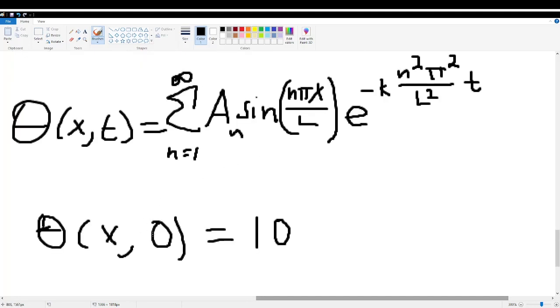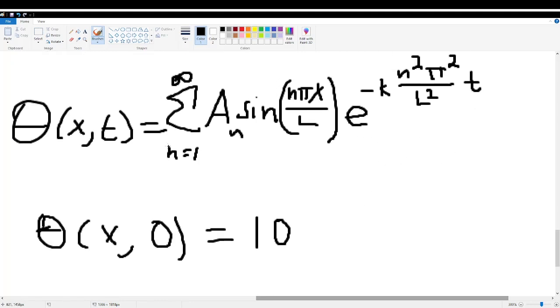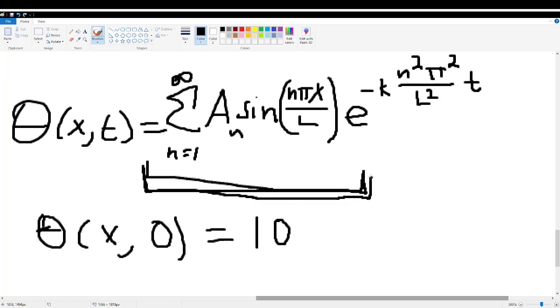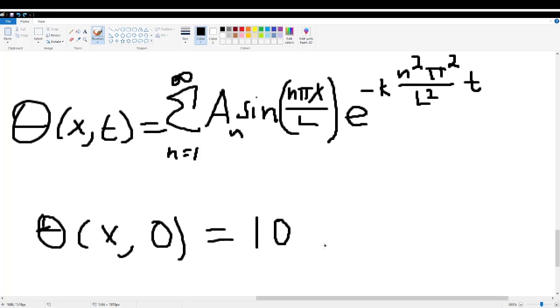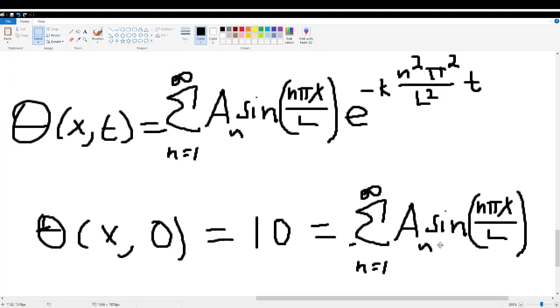So if we plug in 0 for t, we're going to see that this whole exponential term is going to go away to 1. So we're just going to have that this right here is what our initial function is going to be equal to, right? Our initial values. So let's go ahead and take this over here, just like so.